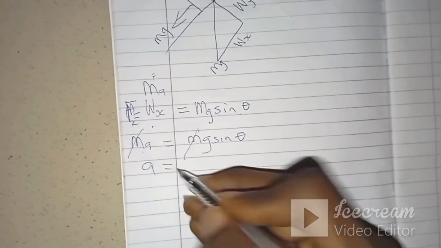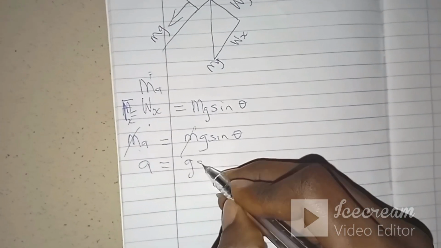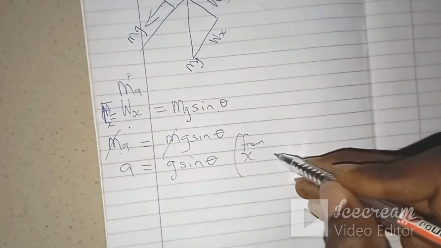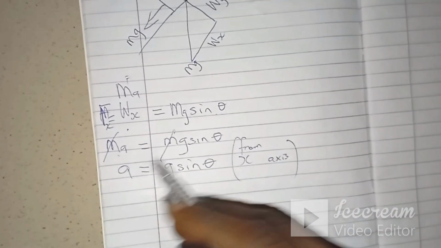So the acceleration of an object on an inclined plane is simply g sine theta, since it's on the x-axis. We get it from the x-axis because there's movement on this x-axis.